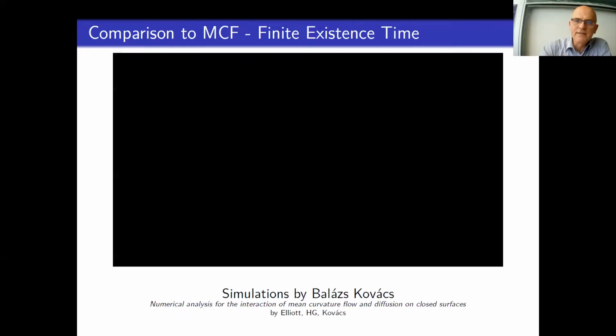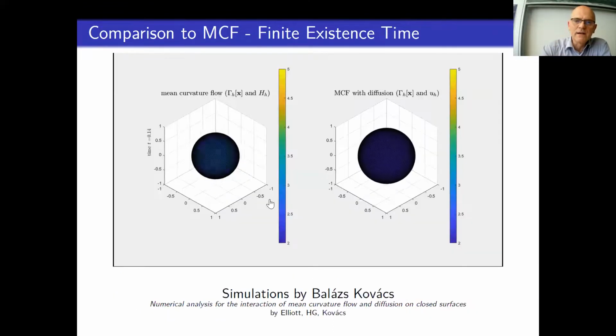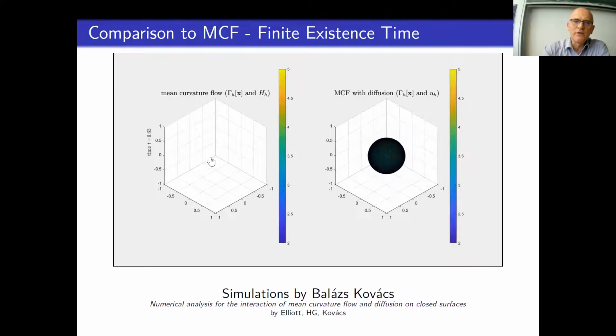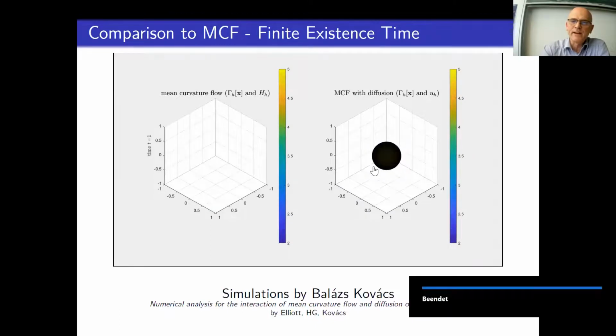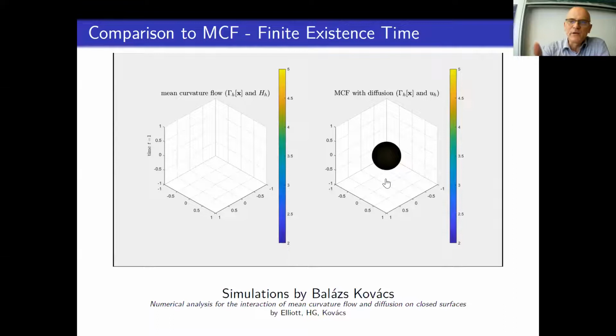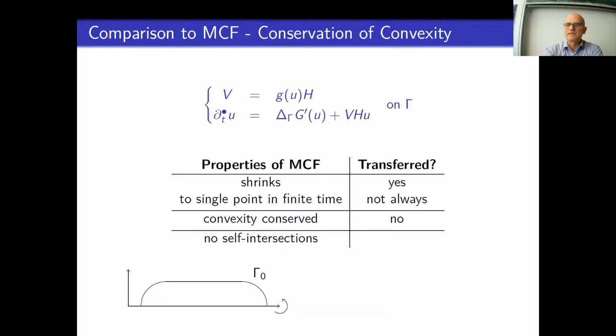So this is drastically different to the mean curvature flow. There, everything disappeared very quickly, but here, for the numerical simulation, we have to stop at some point, but this would go on forever. Only for t going to infinity would r go to zero. So this is one of the qualitative properties.